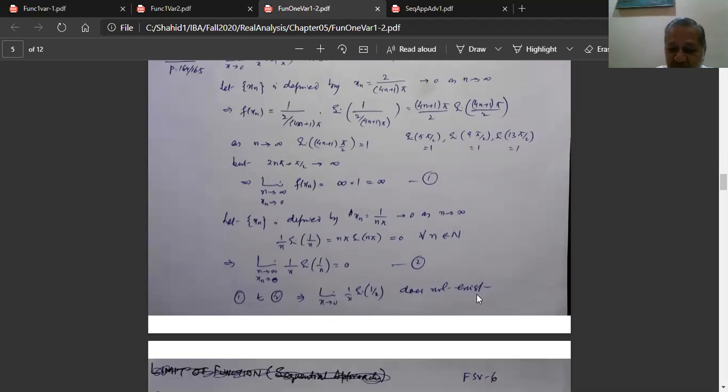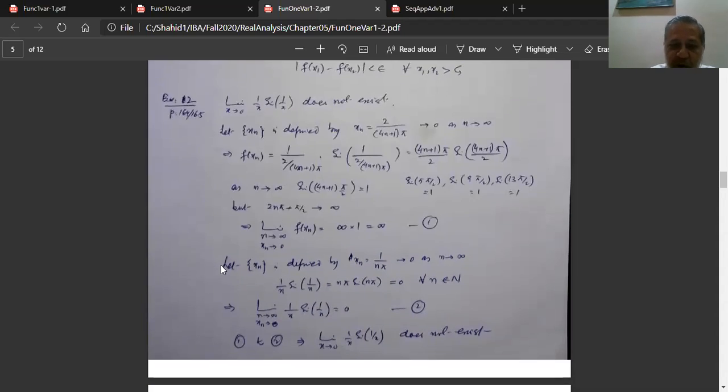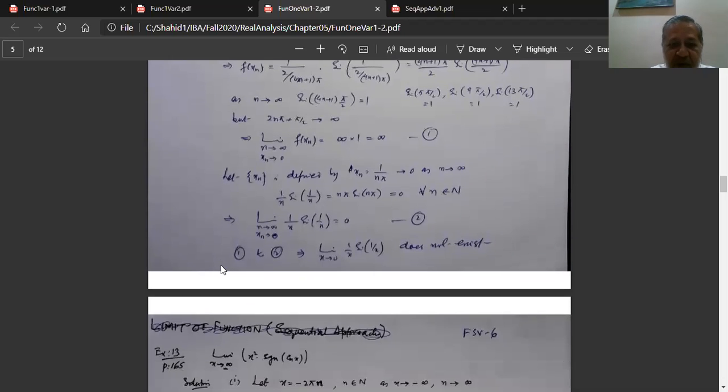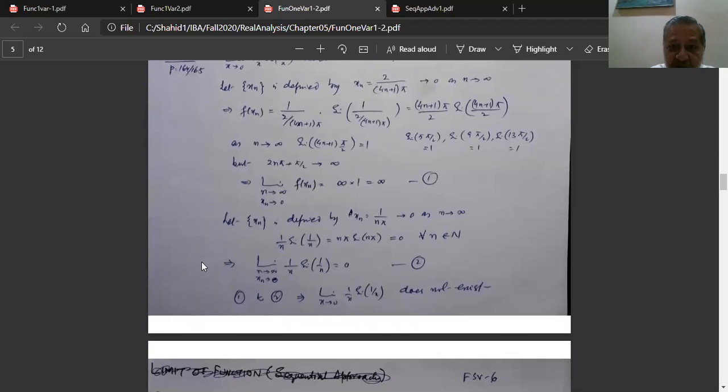So using the sequential approach, we use sequences in the domain that approach c. Here c is 0; if c were not 0, we would try to make some other sequence. Of course, working with sequences makes finding the limit easier, but how to choose a sequence is definitely a tricky job.